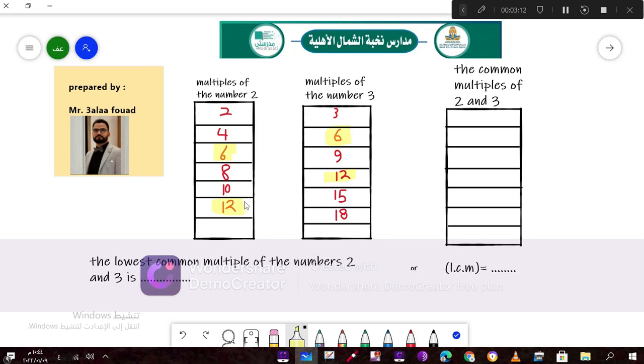If we continued the lists, we would find more common multiples, but we don't need more. Since there is nothing smaller than 6 in common, this is our answer: LCM equals 6. The lowest common multiple is 6.